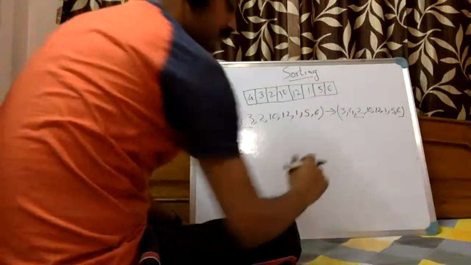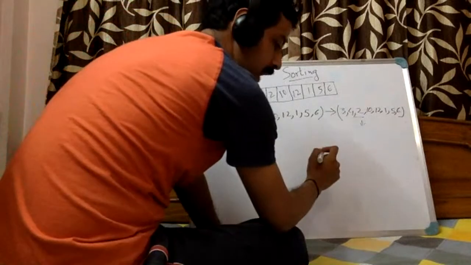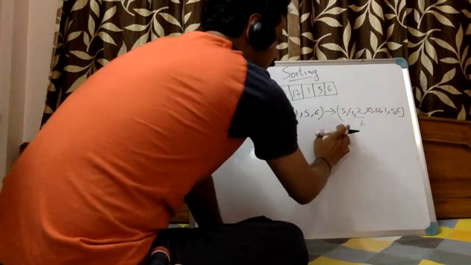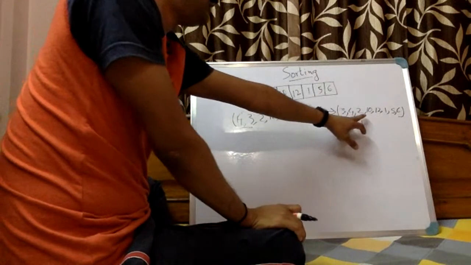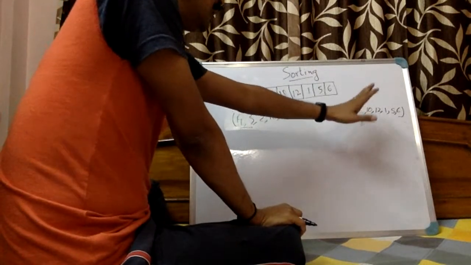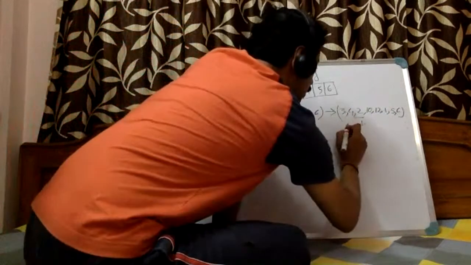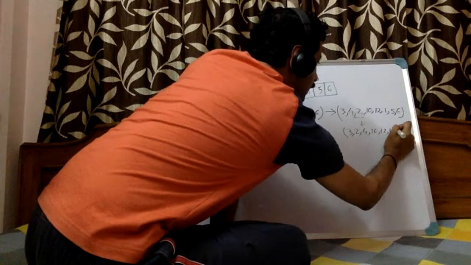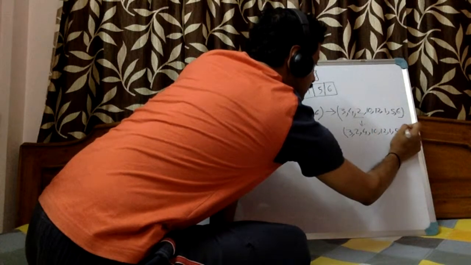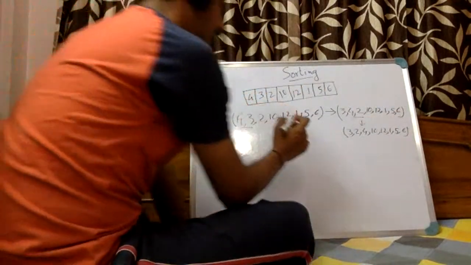So I'm writing this again: we have 3, 4, and 2. So we have 4 and 2, right? Now 2 is less. So it becomes 10, 12, 1, 5, 6, as it is. The other part is taken as it is, right?